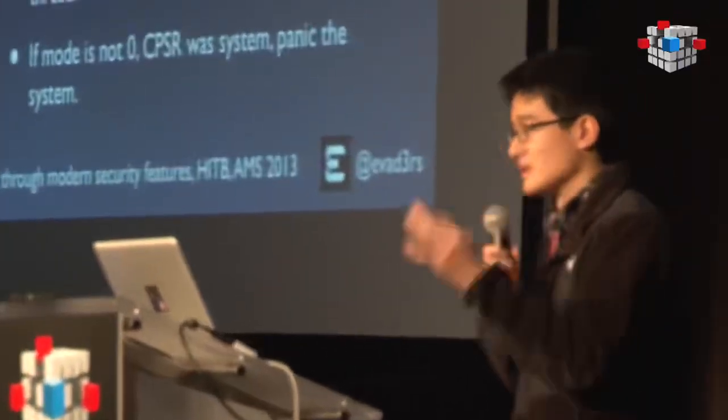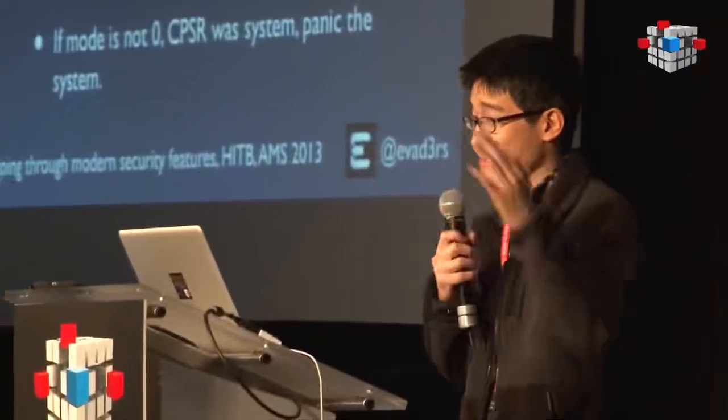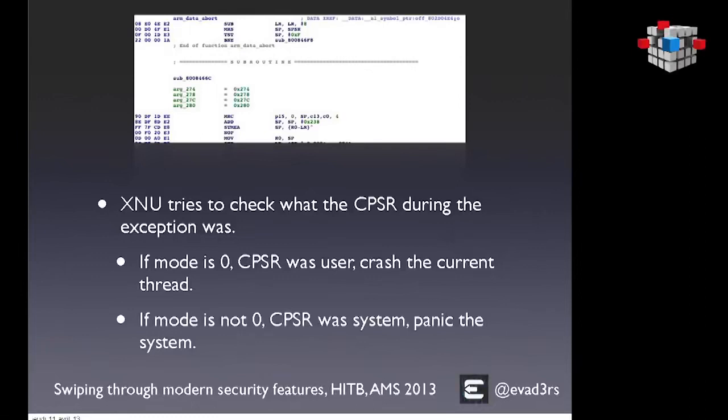So basically, if you jump directly to the data abort handler without actually triggering a real data abort exception, the SPSR is not going to reflect the state when you jumped to the data abort handler. Instead, it's going to reflect the state when you first entered the syscall.